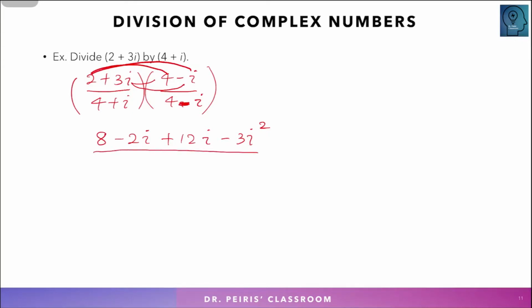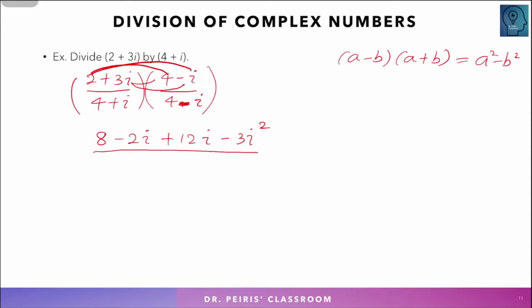Now let's see what we have on the denominator. On the denominator we have 4 plus i times 4 minus i. In this case it is a difference of squares. If you remember, a minus b times a plus b can be written as a squared minus b squared.